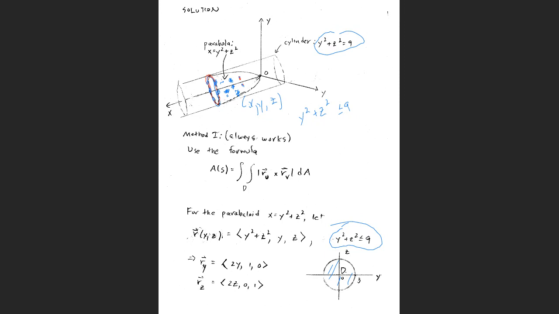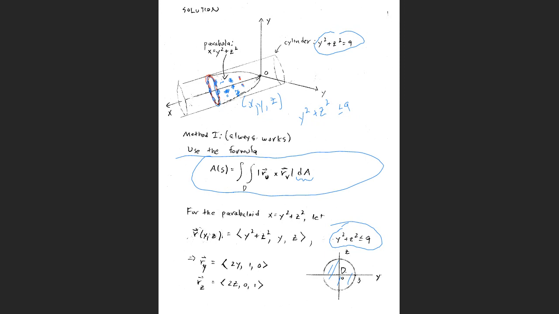Now it's time to, I have my region D. Let's think of the formula here. Here's the formula for the surface area. And dA in this case, I'm not worried about dA.